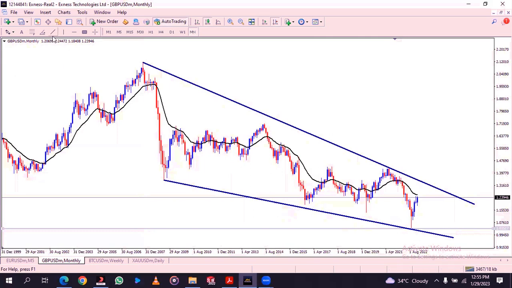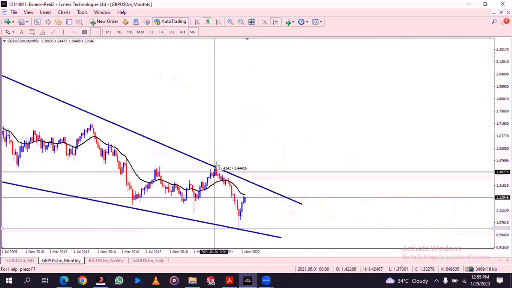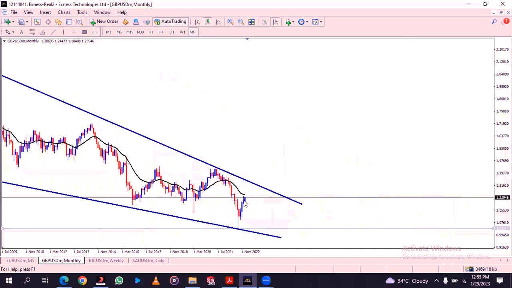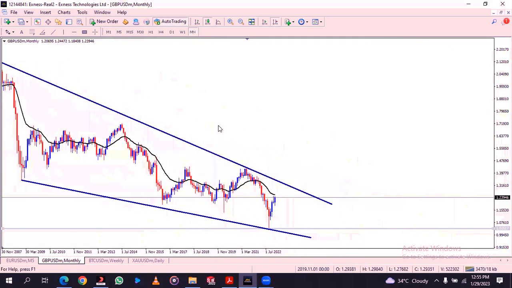But if we limit our background focus to these areas, just from here to this current market region, we'll say the market is still bearish, but it's currently retracing. And since we want to know the current leading time frame within the daily and the monthly, you only get it from the daily and the monthly as a swing trader.